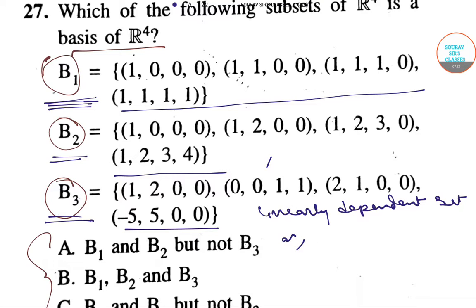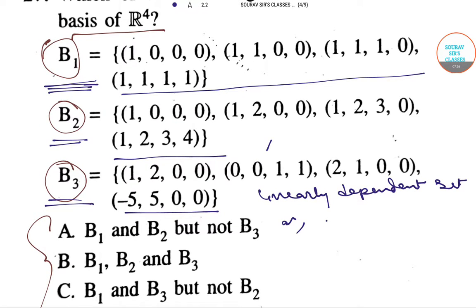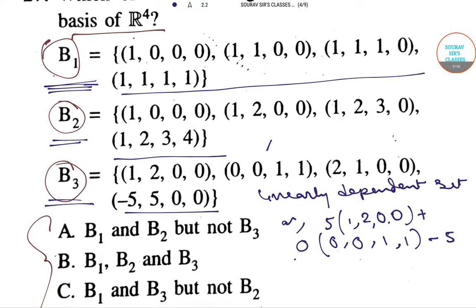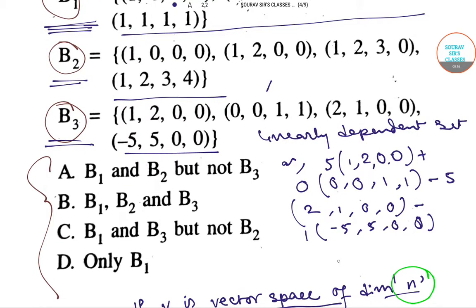As I'm writing it here, it would be easier to understand: 5 of (1, 2, 0, 0) plus 0 of (0, 0, 1, 1) plus minus 5 of (2, 1, 0, 0) and (-1, -5, 5, 0, 0), and if we just calculate it, it will be 0, 0, 0, 0.